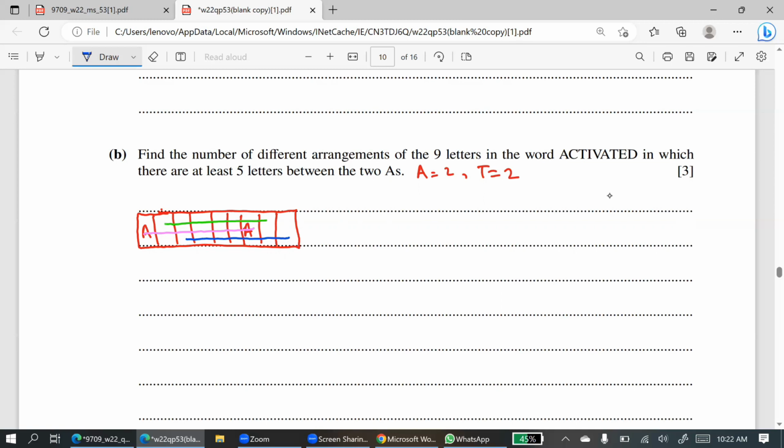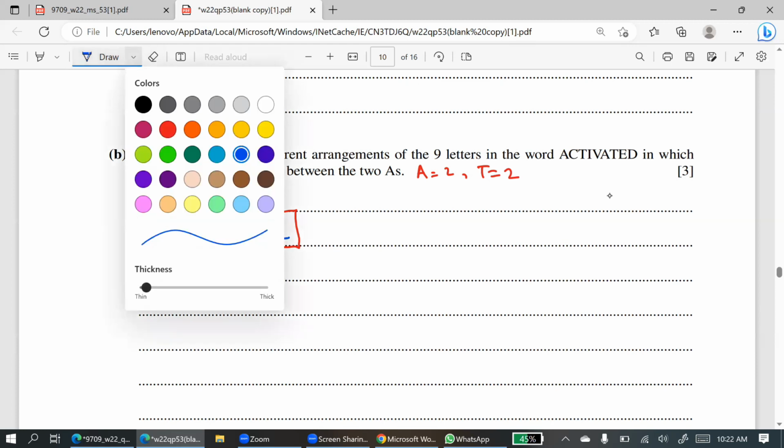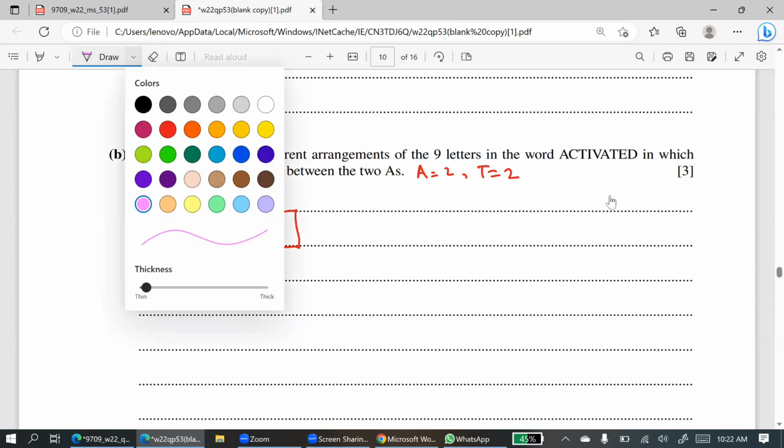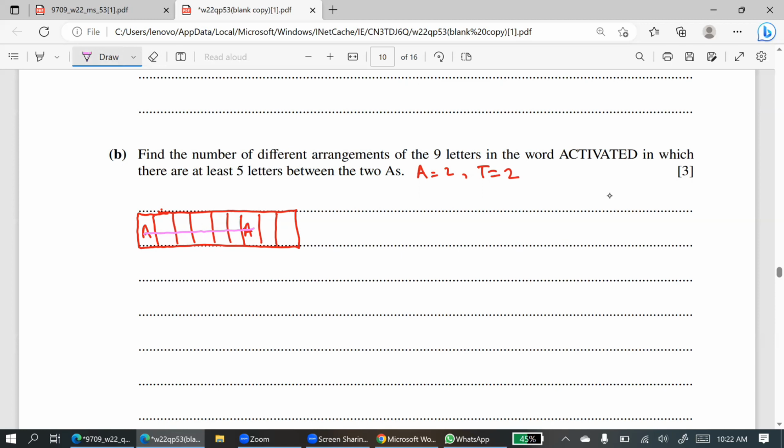So we have 3 possibilities to arrange this group of 8 letters in these 8 boxes. So there are 3 ways to arrange this combined box.